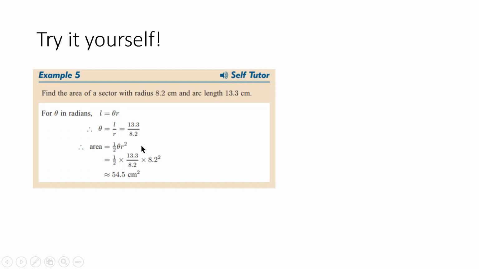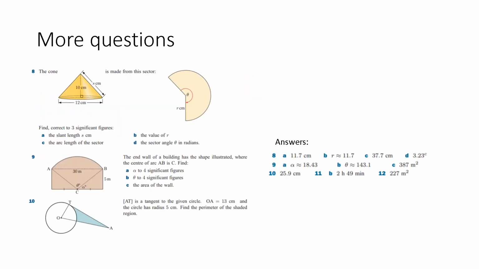Now that you have that, you can use it to find the area. Half theta r squared is the formula for an area, and we plug in the numbers that we have, and we get 54.5 centimeters squared. Okay, these are some more questions where you can test yourself since the answer's on the right.